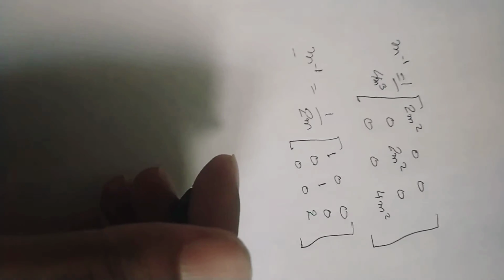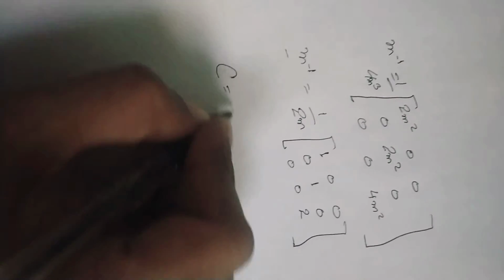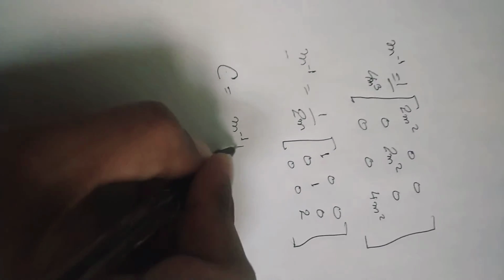Now next we have to find c, which was m inverse k.